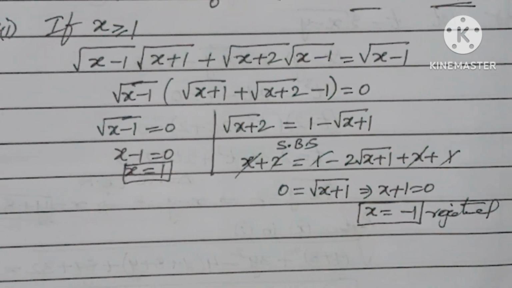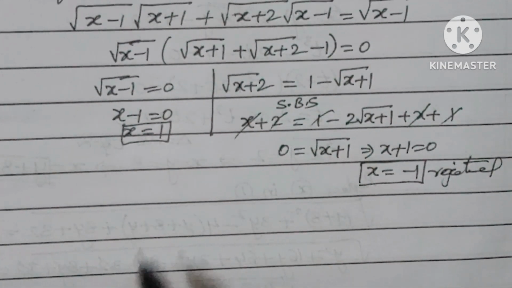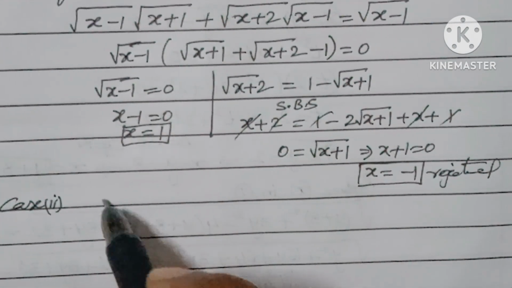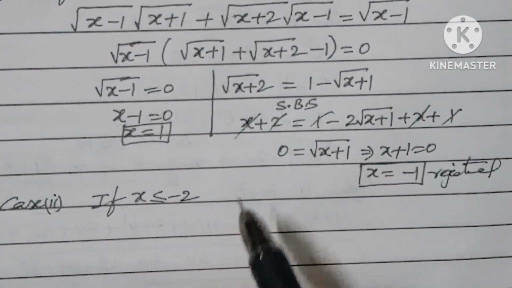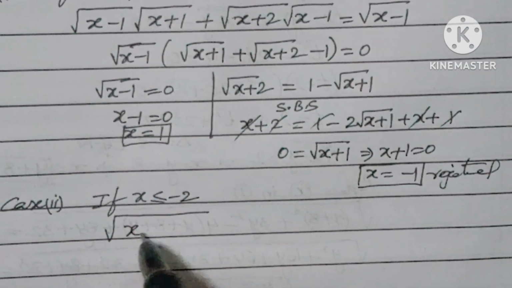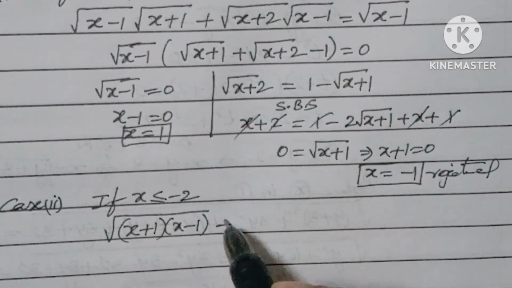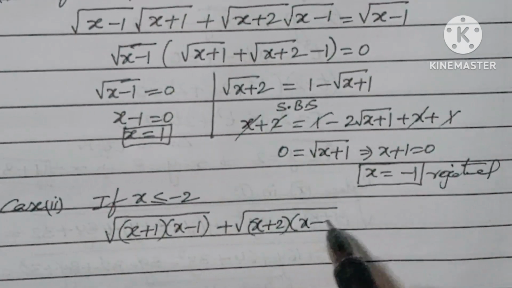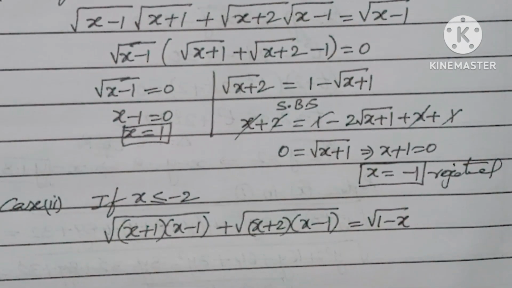Now if you go to case 2, if x is less than or equal to minus 2, square root of x plus 1 into x minus 1 plus square root of x plus 2 into x minus 1 is equal to root of 1 minus x.